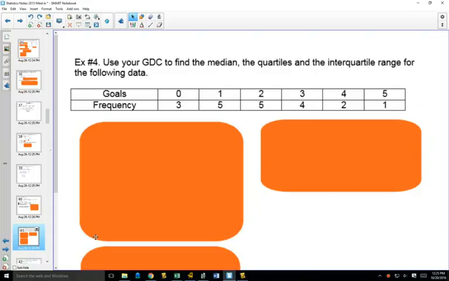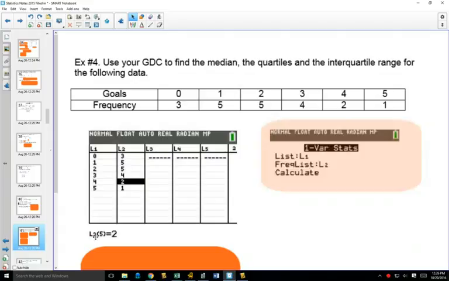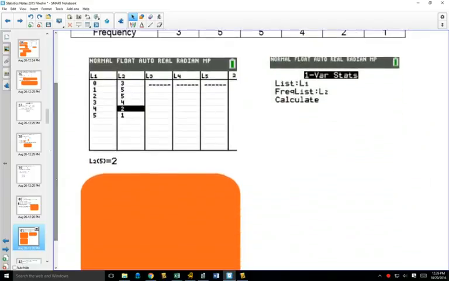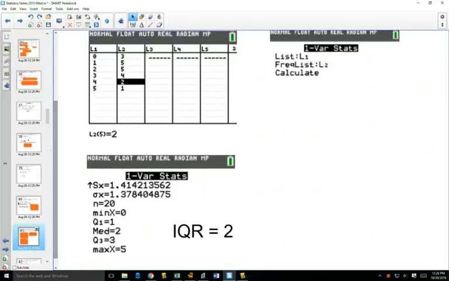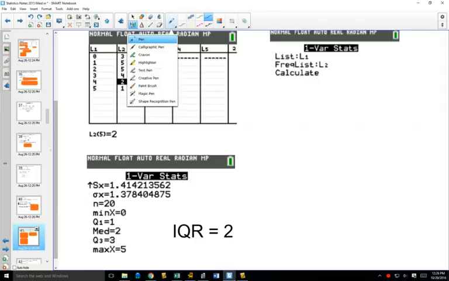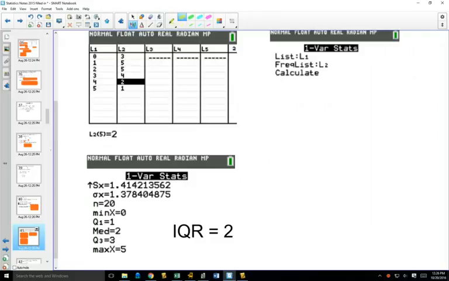And I'll put the answers up here, so as you're calculating, here I'm using one var stats to print out all the data. You could also use your box and whisker plots and just see if these answers match. So here's our median, here's our quartile 1, quartile 3, max, and minimum. Those are the same values that you would get from your box and whisker plot.